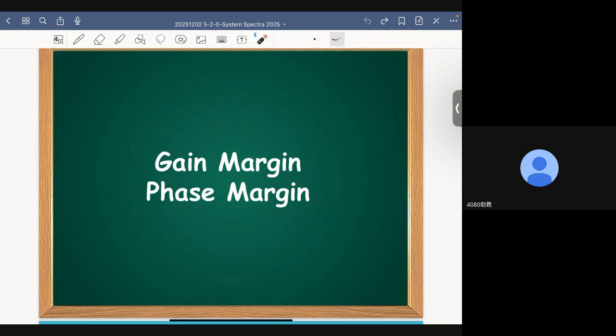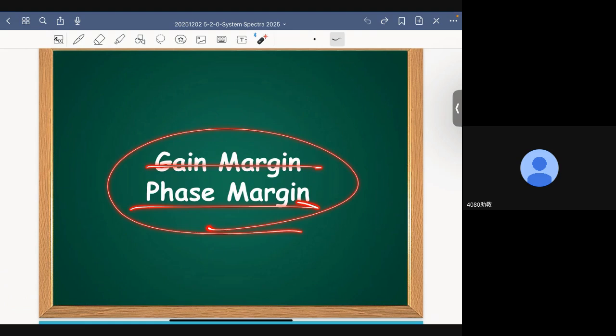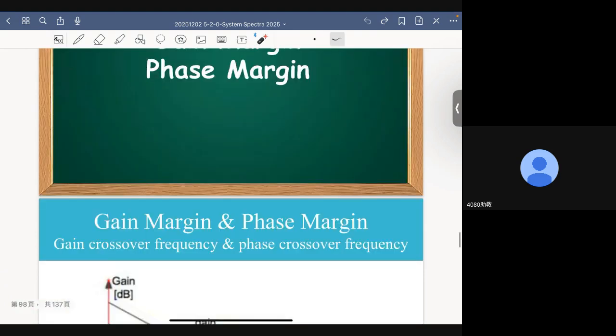Those input disturbances are also uncertainties. Now, we want our feedback control system to be insensitive to those unpredictable factors. And that is what gain margin and phase margin are all about.